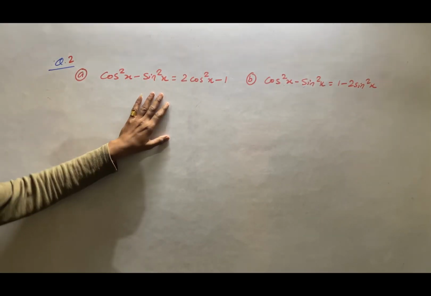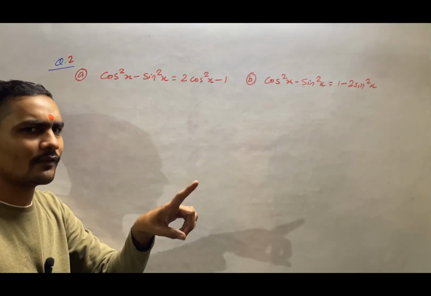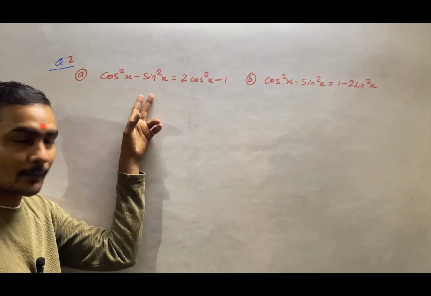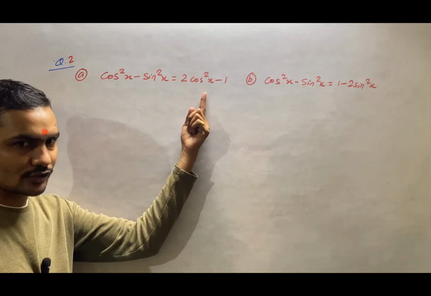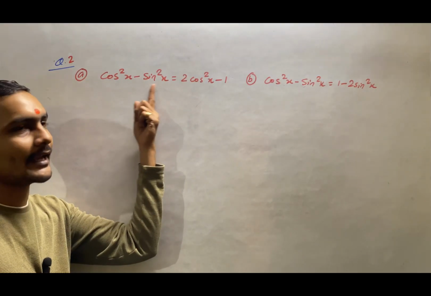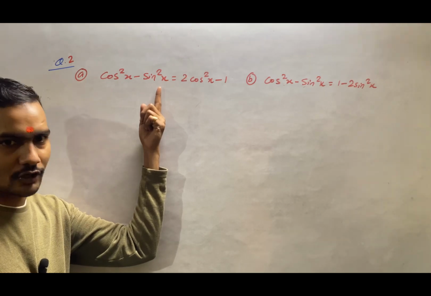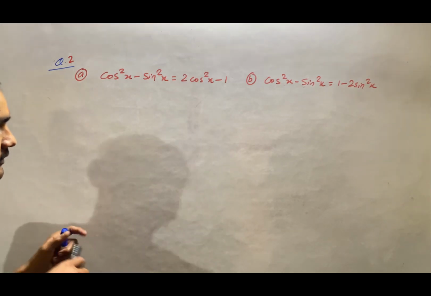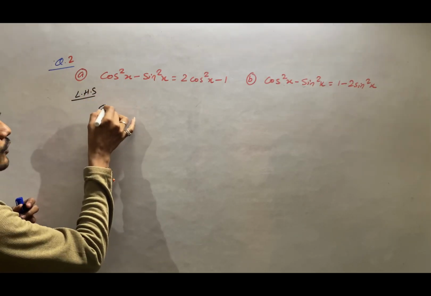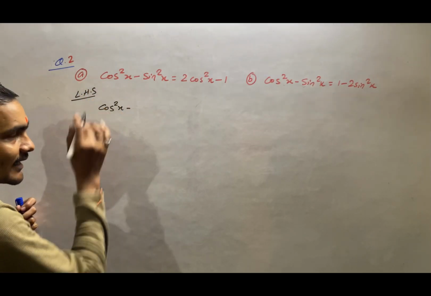Okay, so in the first A part, just remember one thing: in LHS we have cos as well as sine, but we need only cos. So we have to replace this sine with cos. So in LHS, this cos square as it is, minus.